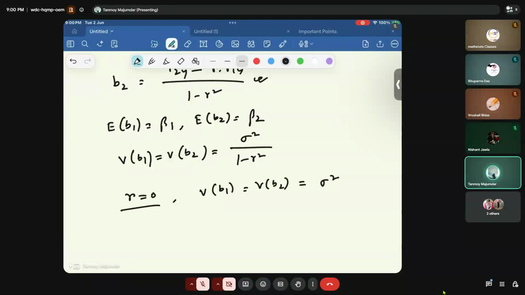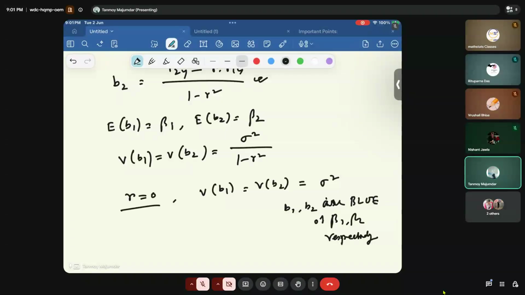Basically if r is 0, then b1 and b2 are the BLUE of beta 1 and beta 2 respectively. So if the correlation coefficient is equal to 0, then it is fine, we can use that. But there is a catch.